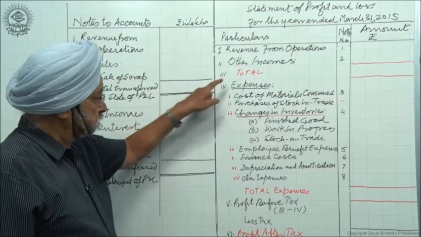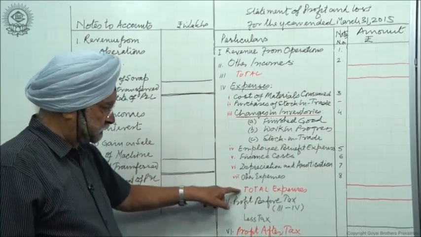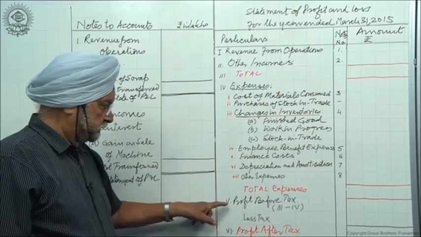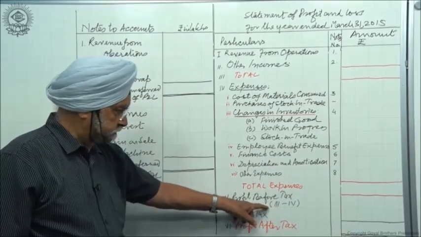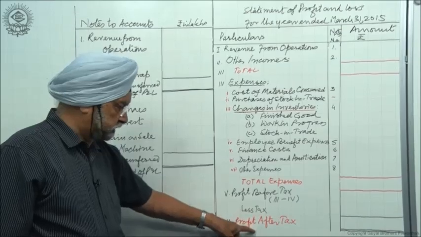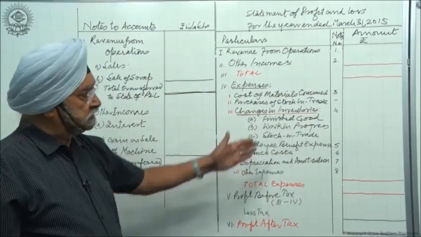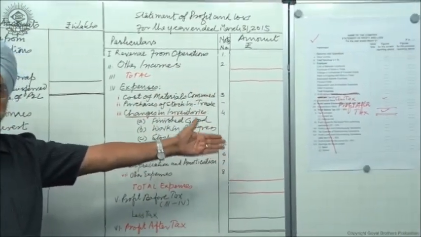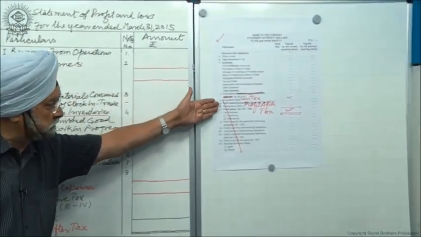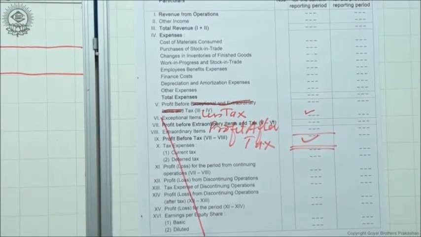This is 3, this is minus 4, total expenses, then profit before tax minus tax. So that is profit. This is the pro forma in your course, and this is the first part of the pro forma given in the Act. The other items are not in your course. Up to 4 or 5 it is there, the rest are not there.